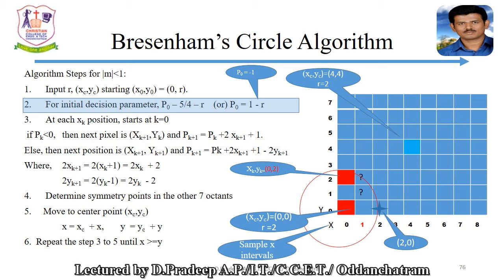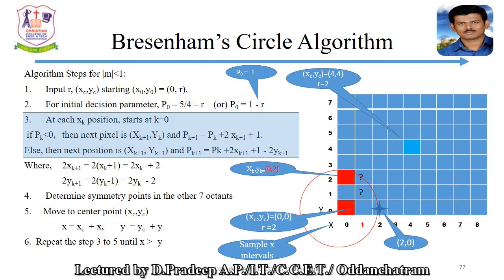In step number 3, we have a condition: pk is less than 0. Here our k is 0, so p naught, minus 1, is less than 0, so we have to use the particular condition. The next pixel is xk plus 1 comma yk.